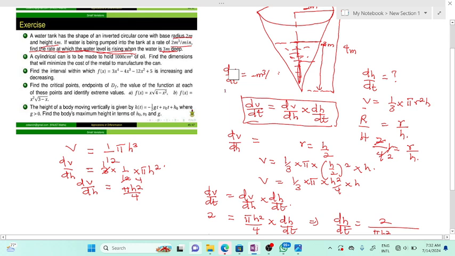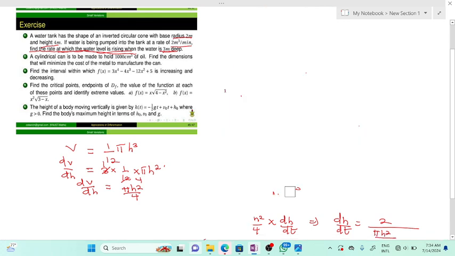Find the dimensions that will minimize the cost of the metal to manufacture the can. Okay, as I told you, before you start, you have to represent this in a diagram form, so that you can easily picture it pictorially.